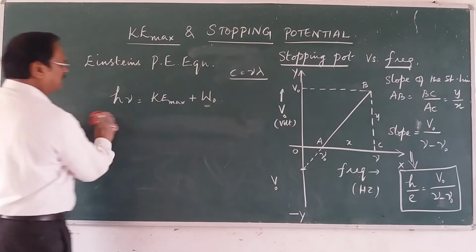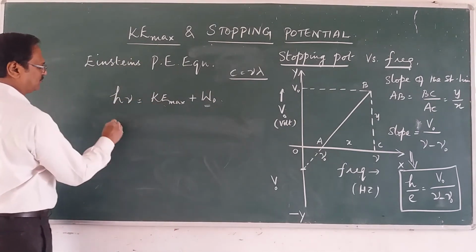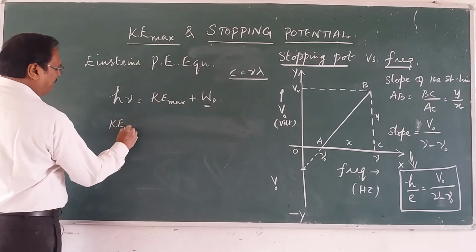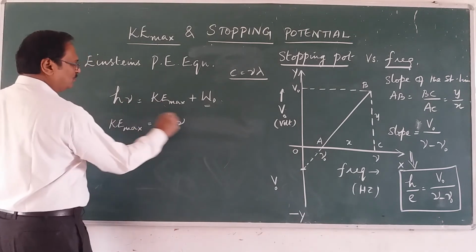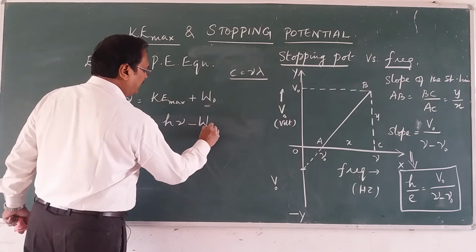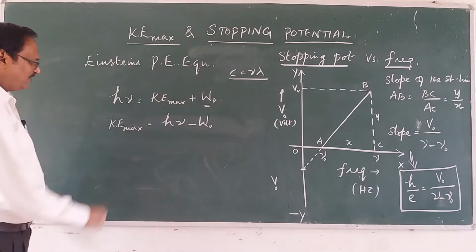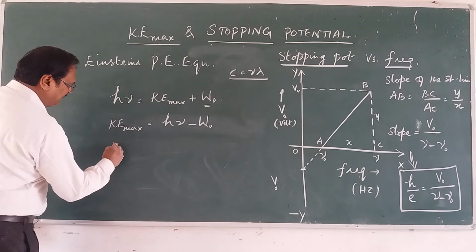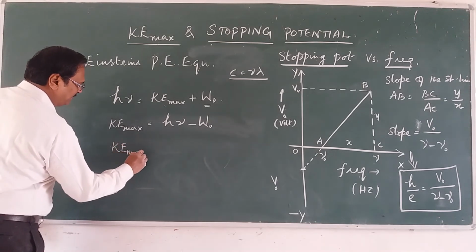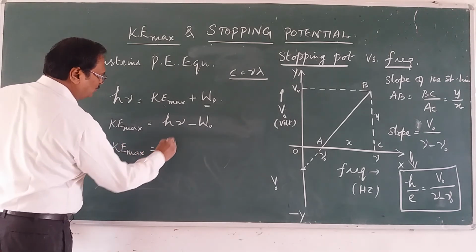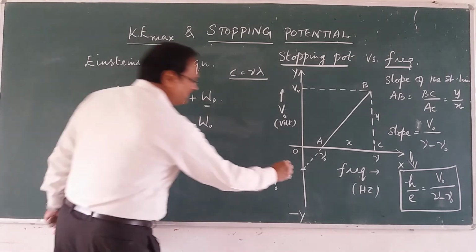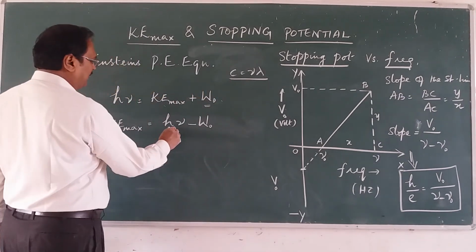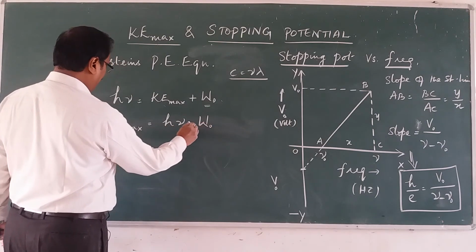Now let me take this equation, kinetic energy maximum is equal to h nu minus W naught. Now what I am going to do, kinetic energy maximum is equal to h nu, I think I need to add some value here.